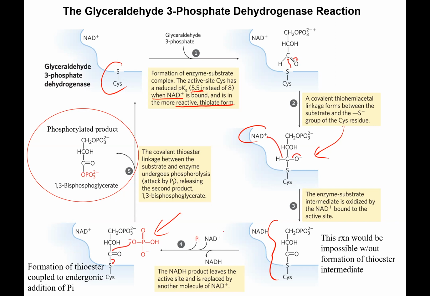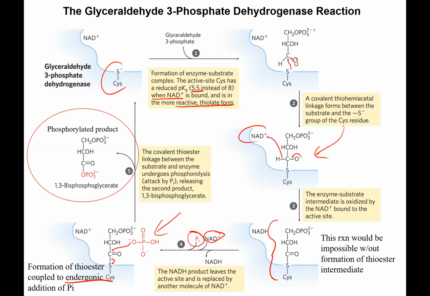So here, several things happen. NAD+ and the inorganic phosphate both come in. The NAD+ is reduced to NADH, and this endergonic addition of the phosphate group is coupled to the thioester breakage here, right?